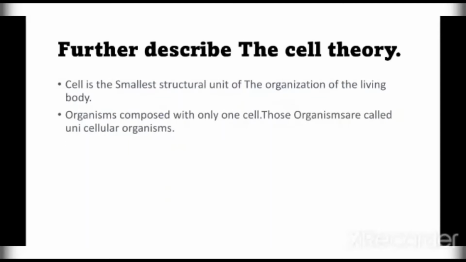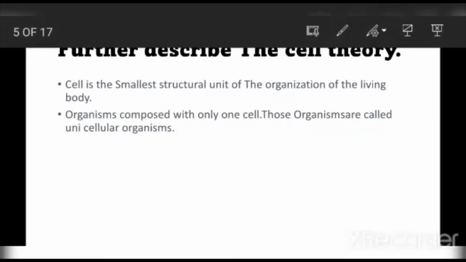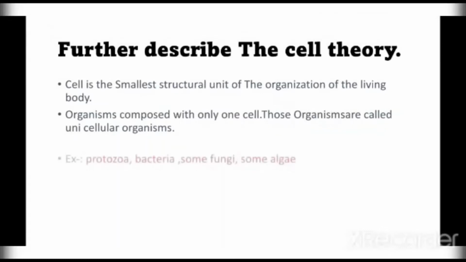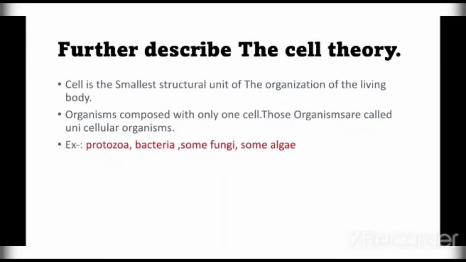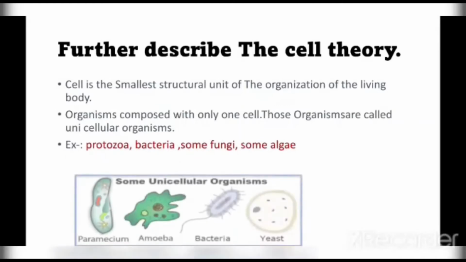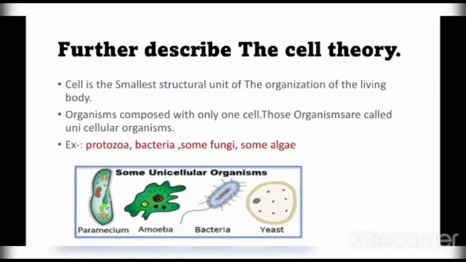They have just one cell. We can take examples like protozoa, bacteria, some fungi, and some algae. You can see that they have a very small, very simple structure, because they have only one cell.